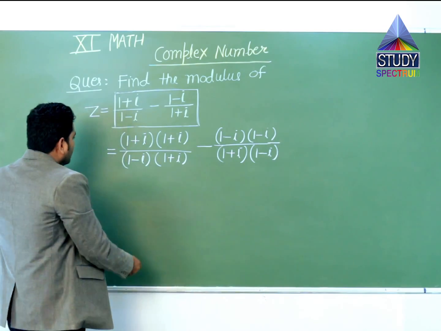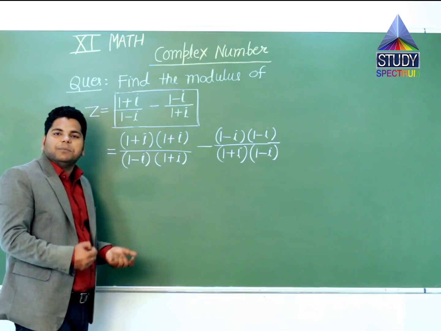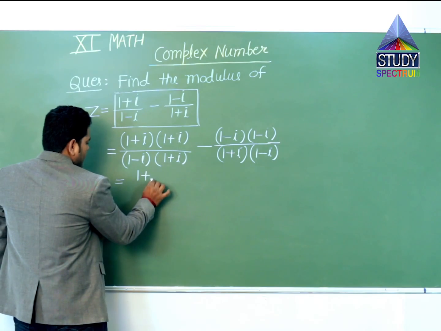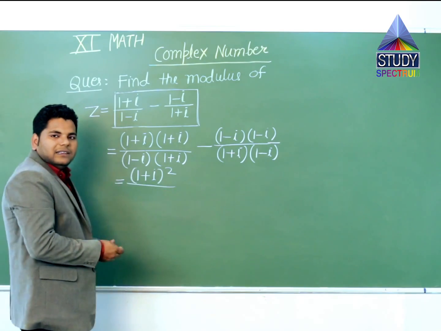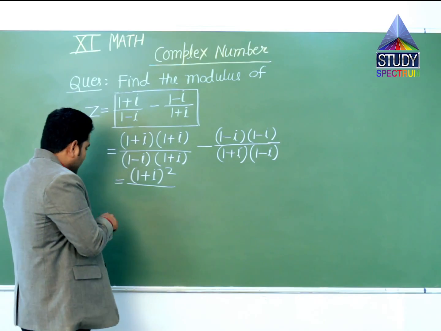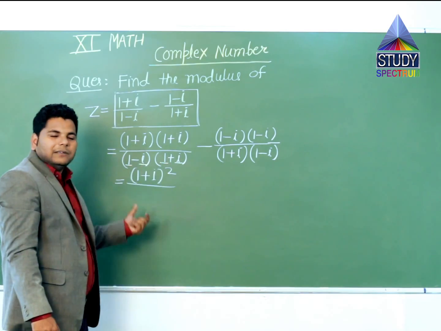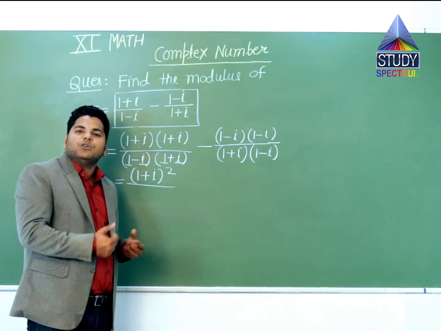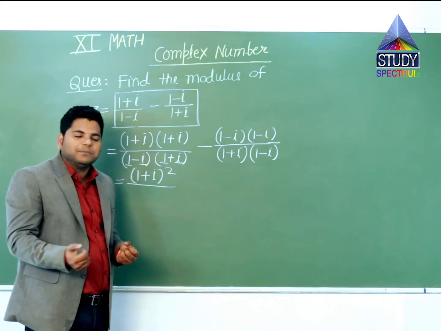This numerator is (1 + i) into (1 + i), which means (1 + i) whole square. In the denominator we have (a + b) into (a − b), and we know the formula for (a + b)(a − b) is a² − b².